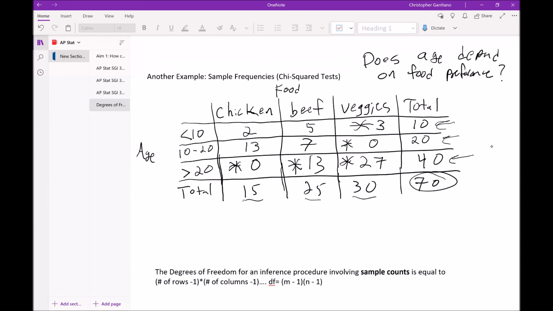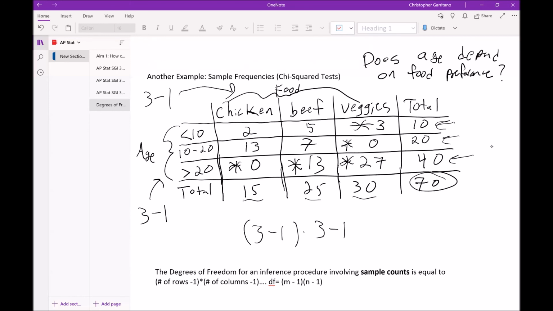In this case, we had 3 rows and 3 columns. So 3 minus 1 times 3 minus 1 gives us our degrees of freedom, and that equals 4.